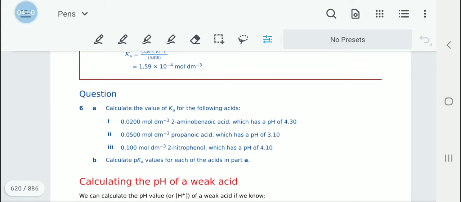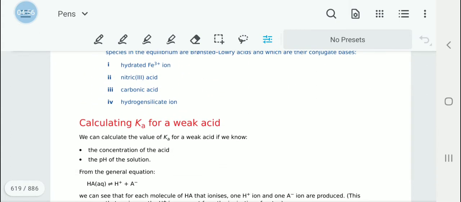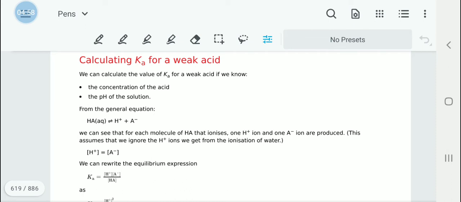If it has made sense, please do question number 6. Now write down: to calculate Ka for a weak acid, we require the concentration of the acid and the pH of the solution, within brackets, to find the H+ ion concentration in the acid.